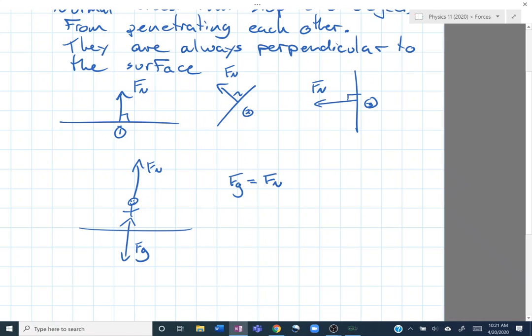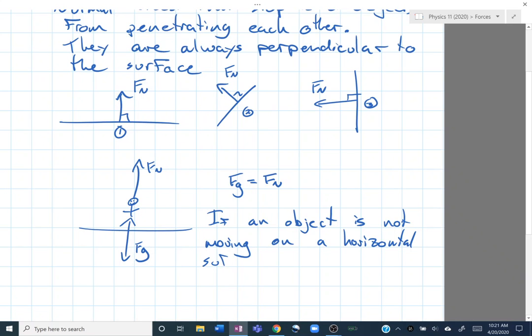So if an object is not moving on a horizontal surface, then and only then Fn will be equal to Fg. So our normal force will be equal to the force due to gravity.